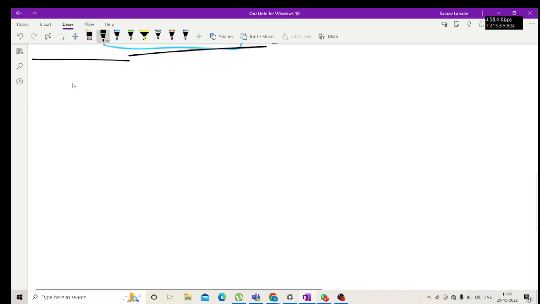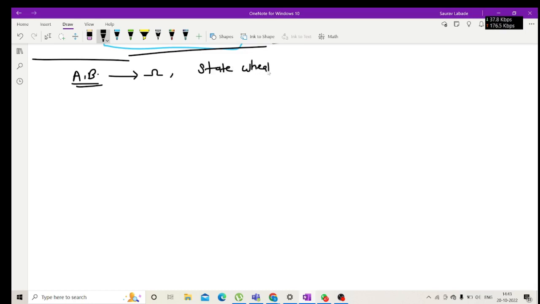Again they have given me two events, A and B. If I know the sample space omega, we have to just identify whether the following statements are true or false.